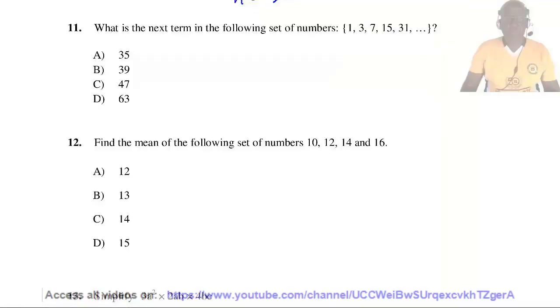Question 11. What is the next term in the following set of numbers? 1, 3, 7, 15, and 31.